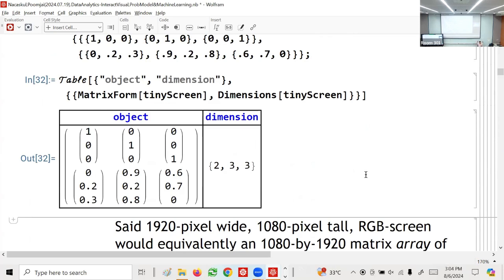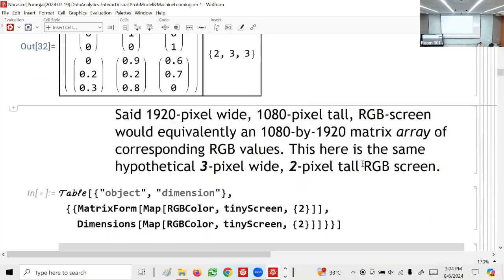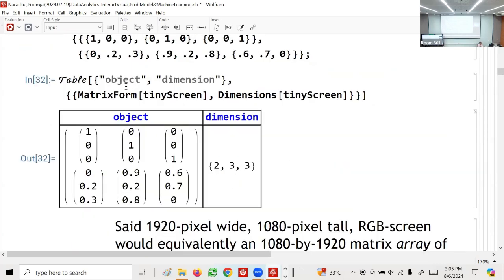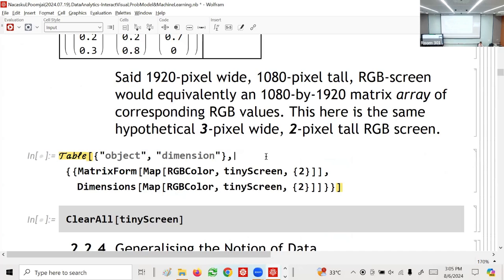Instead of having 1024 columns of pixels, I only have 3. So it's tiny. And the color value is red, green, blue. By the way, what does it look like? Now, you don't know how to do this yet, because I haven't taught you how to take this thing and map it to a color.